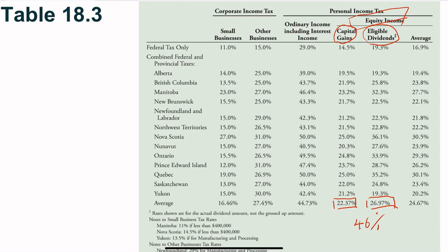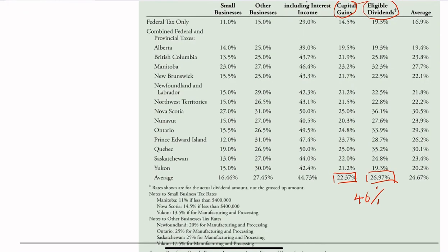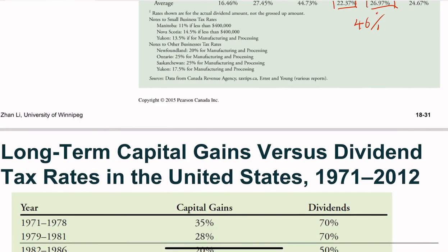So if you're a high income earner, this almost 5% actually means a lot of money, right? So if you're this individual investor, and if you pay this high tax, then you will prefer share repurchase.